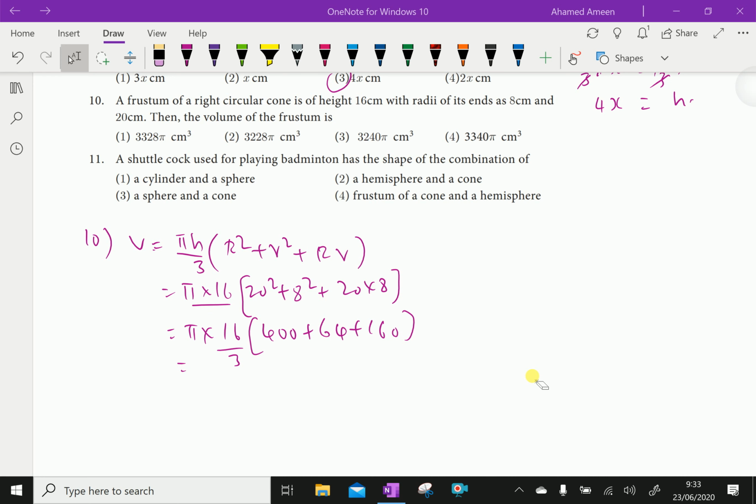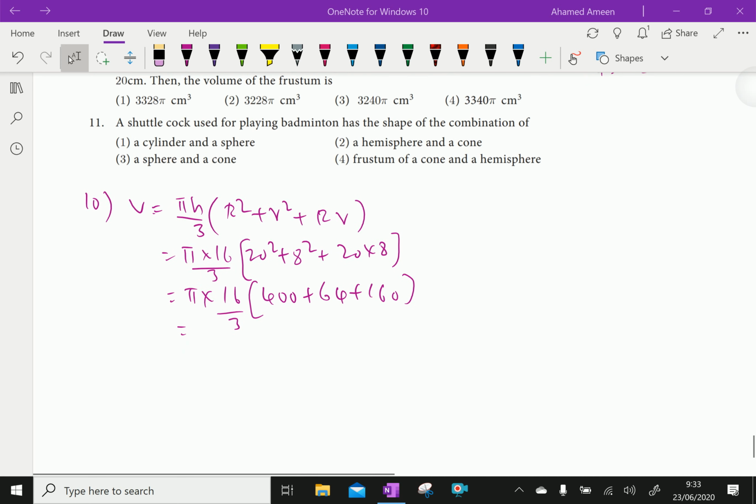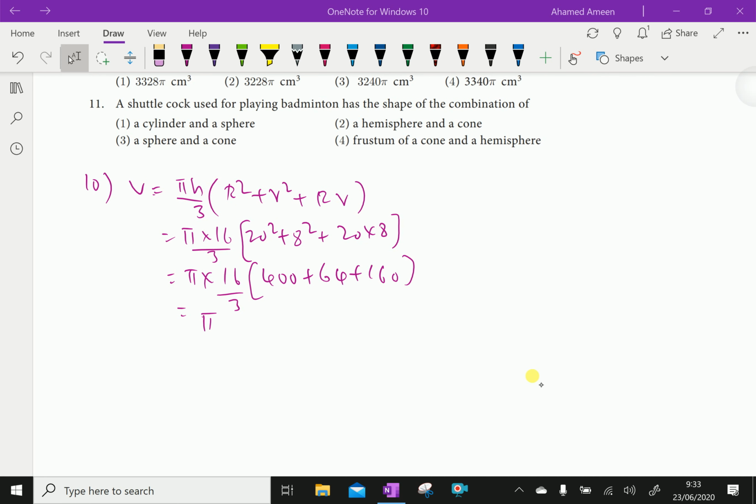Now the final calculation is 16 pi by 3. Addition is 400 plus 64 plus 160, which is 624.